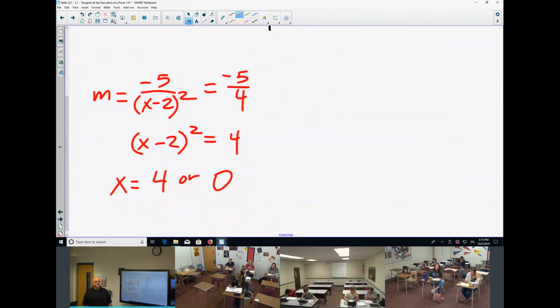Excellent. Okay, so again, when you have two fractions that are equal to each other and they have the same numerator, you can just set the denominators equal to each other and solve. So 4 or 0, those are the 2 points where the slope is going to equal negative 5/4. So very good. All right. Any questions on that?